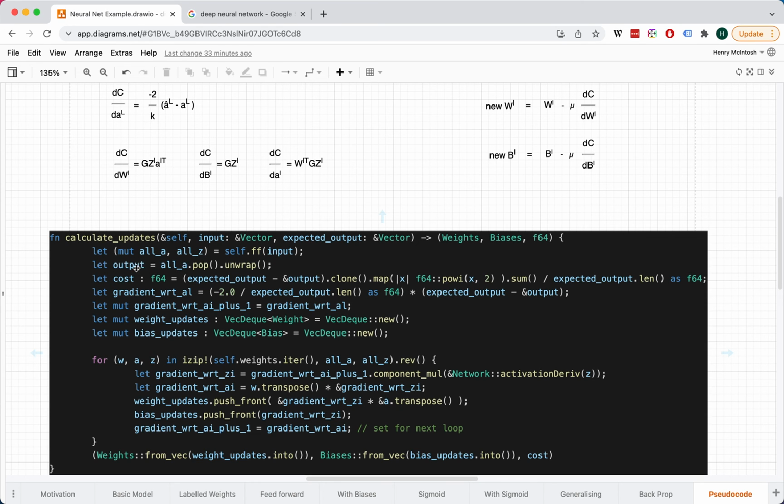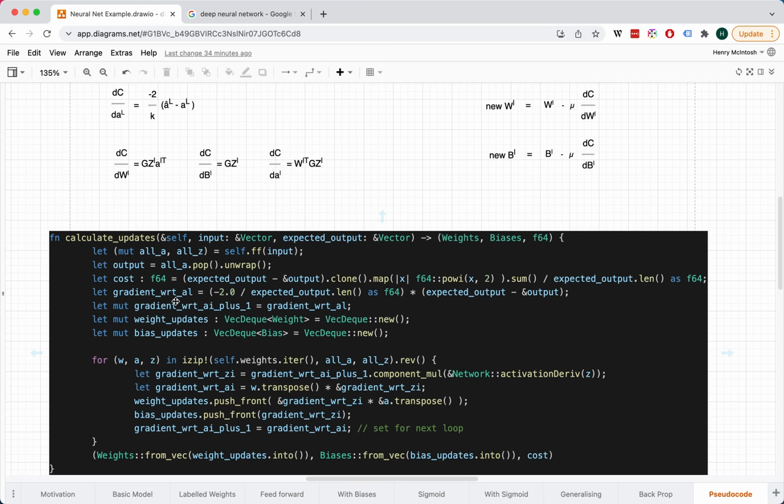Then our output is just going to be the very last thing in our activation array. Our cost is just going to be the mean squared error, and you can see we're just going to take the subtraction of these two vectors, map each element to its square, then sum them and divide it by its length. Okay, so that's our cost.